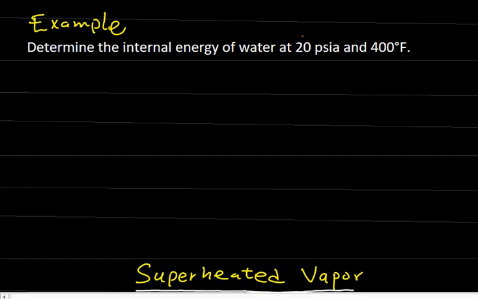We don't know exactly the state, and the temperature is 400 degrees Fahrenheit. To know the state, we are first going to go into the saturated water table and check this pressure, so we are going to check the temperature at this pressure. Let's do that first.